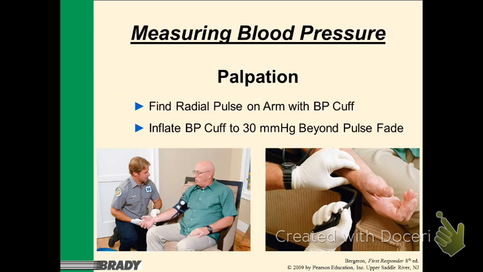So when you palpate a blood pressure, you start out, you get your blood pressure cuff, which on the meter, when you look at it on the gauge, is measured off into even numbers.